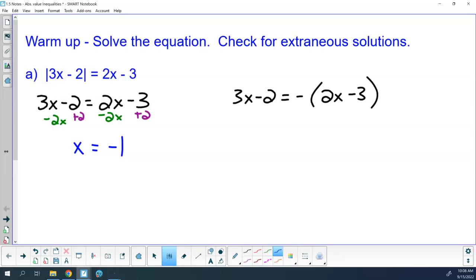Agree? Yep. Distribute my negative sign. Add 2x.